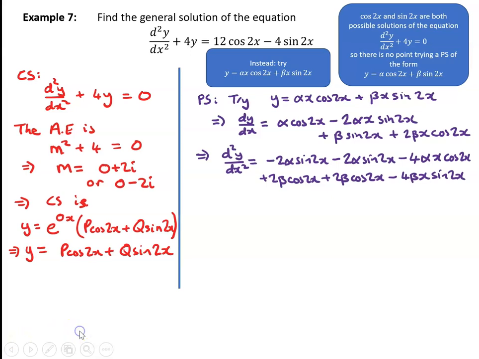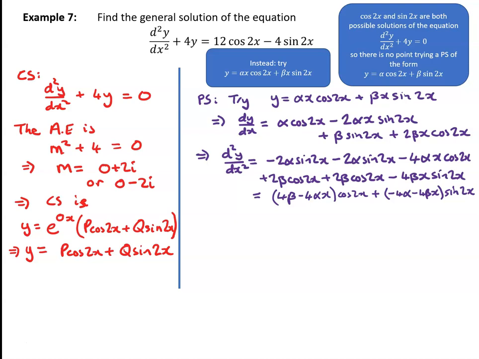And now if we collect together the cos 2x and the sin 2x terms, we get 4 beta minus 4 alpha x times by cos 2x plus minus 4 alpha minus 4 beta x times by sin 2x.